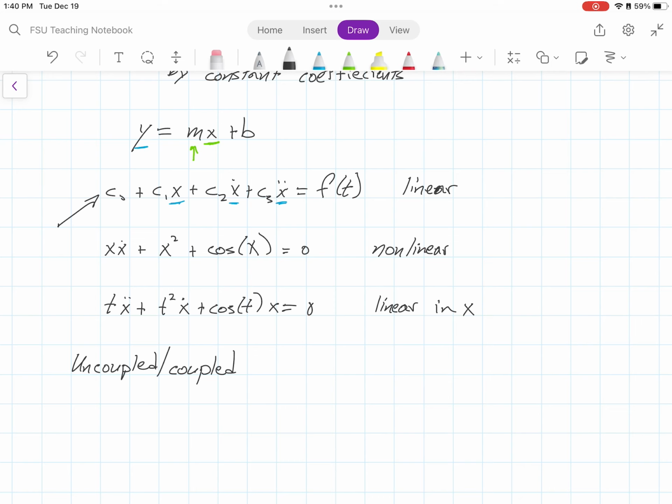So if our dependent variable shows up in more than one equation in a system of equations, then it is coupled. So I'll say it's coupled if your dependent variable shows up in more than one equation in a system.